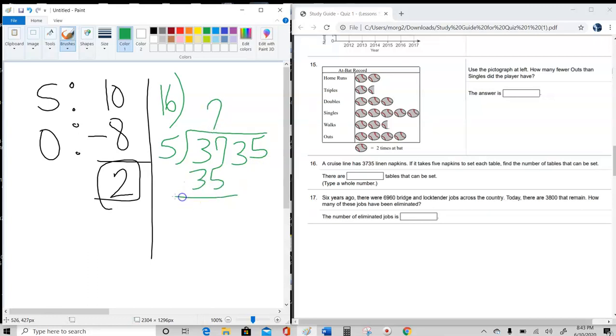Now, if this is a show work problem where you have to show or submit your work, then I want to see all the steps down to the remainder.